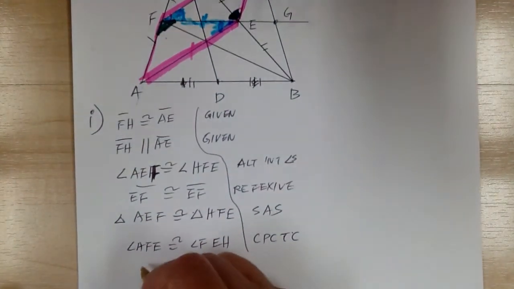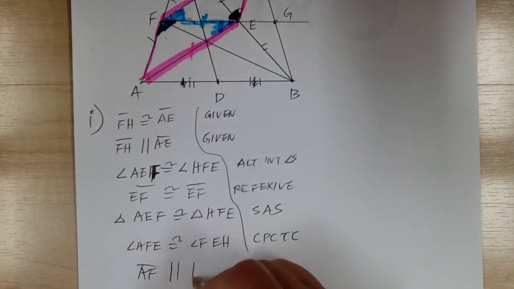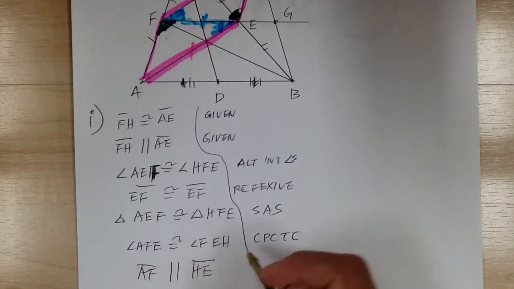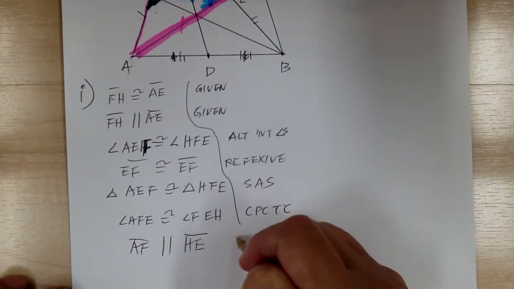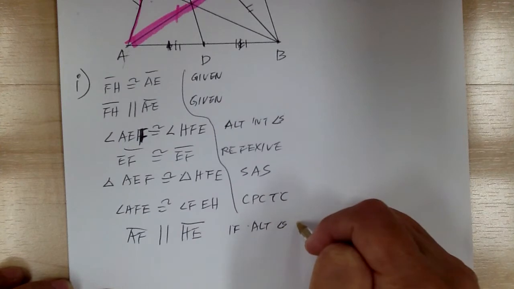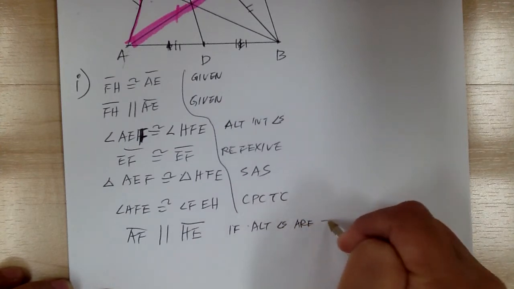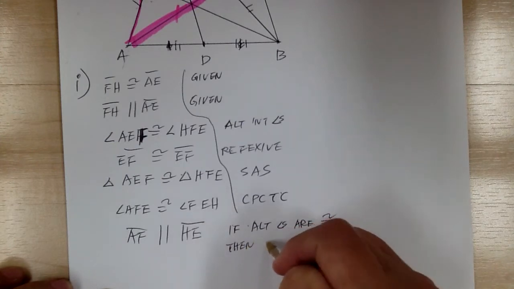So we can see that AF is parallel to HE. And the reason for that is that if alternate angles are congruent, then lines are parallel.